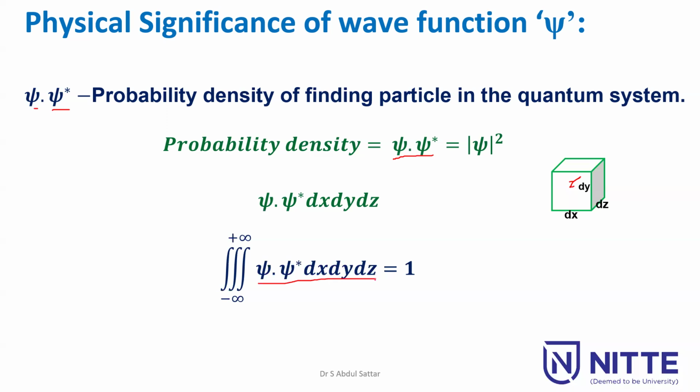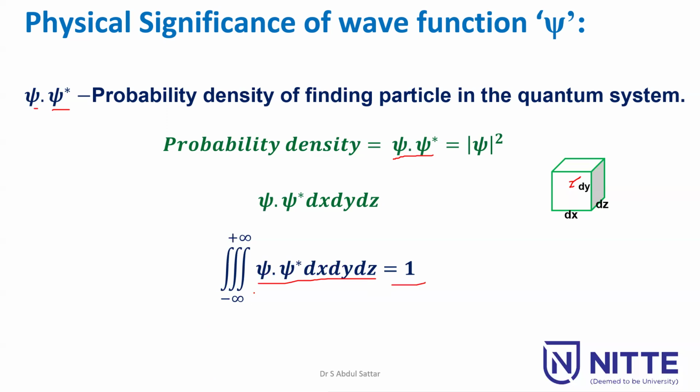The probability of finding the particle within the total system. If the particle exists in the system, definitely we can find it. So the total probability is definitely equal to 1.